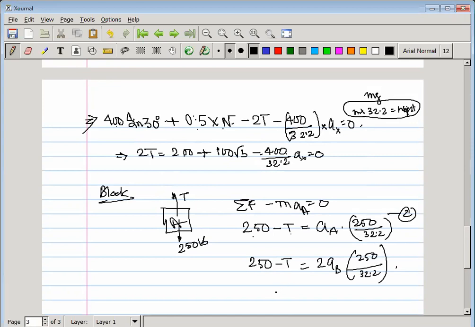So can you calculate T is how much? T is 2AB into 250 by 32.2. This is minus, this should be minus, and this should be plus 250. This is 1 T, right? Yes or no?